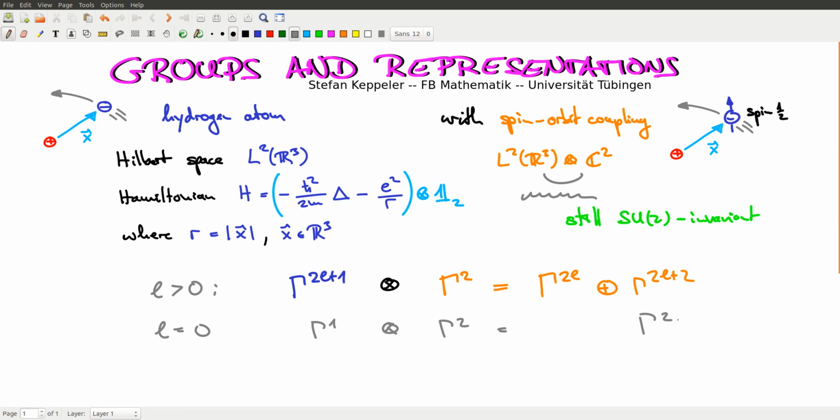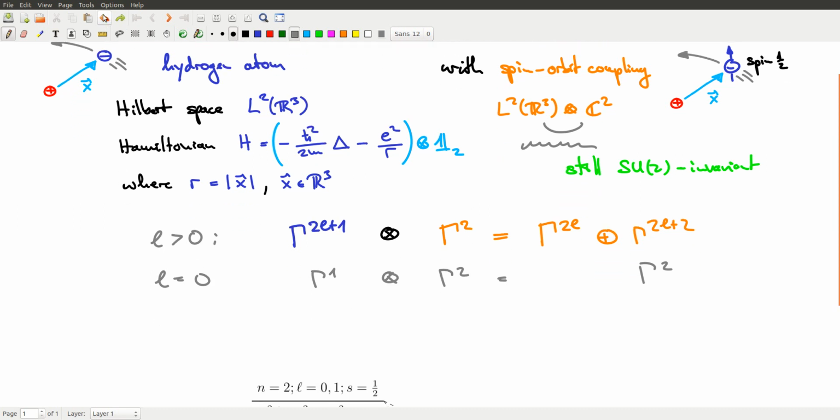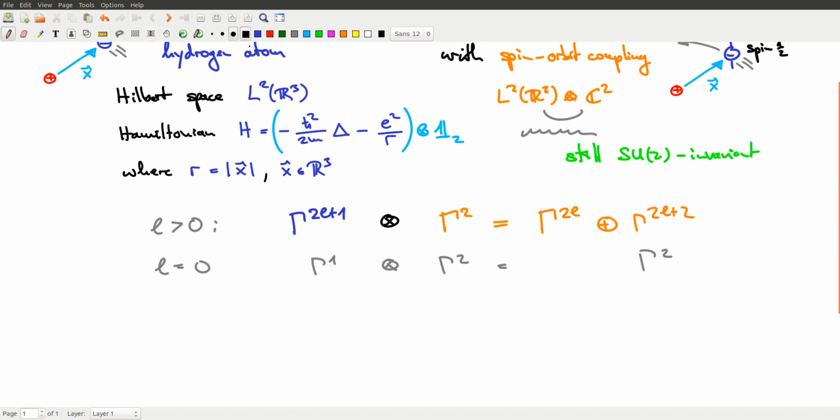And now remember that actually there were a couple of these which corresponded to the same eigenvalue of the original Hamiltonian. So let's look at an example. Let's say we don't show this yet. Let's say that we look at the case n equals 2, and then we had L equals 0 and L equals 1 as the two possibilities.